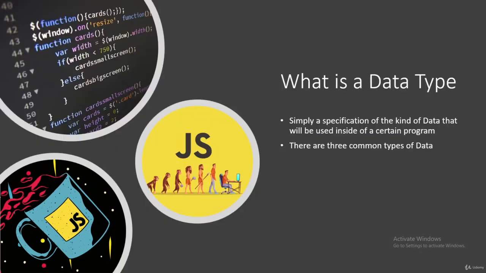So what exactly is a data type? For those of you who have never programmed and don't have any idea what a data type is, it's simply a specification of the kind of data that will be used inside of a certain program. For example, let's say we write a line of code that asks the program to print something really simple, like: hello, my name is Jimmy.